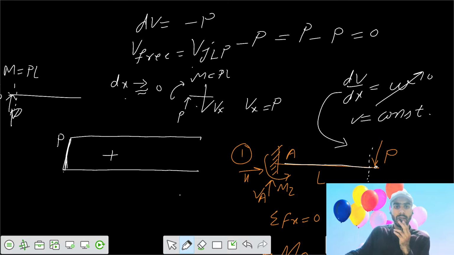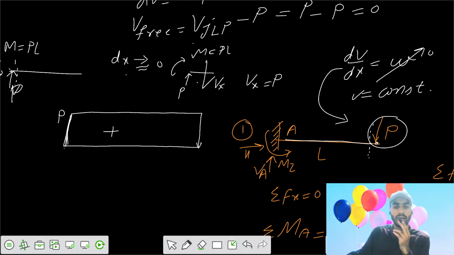So the shear force at the end is 0. The shear force has dropped by the amount of the load P. So your shear force diagram is a constant rectangular diagram.